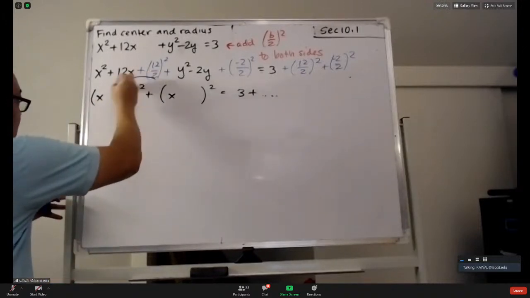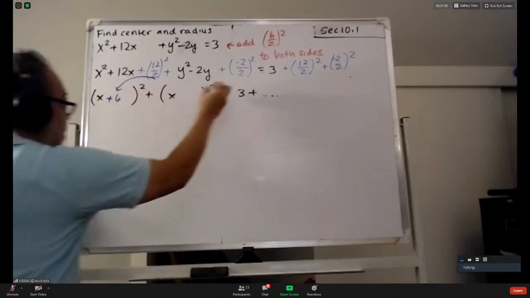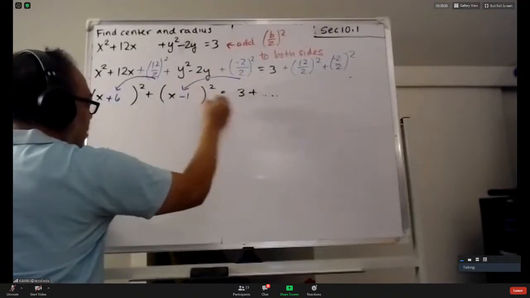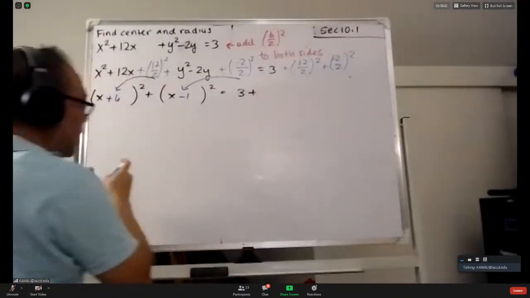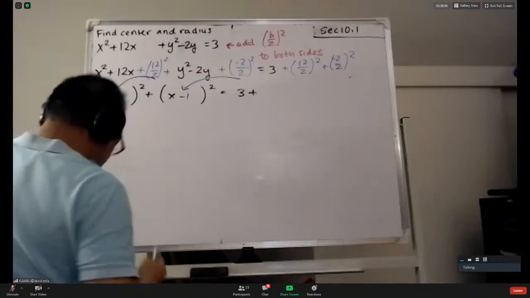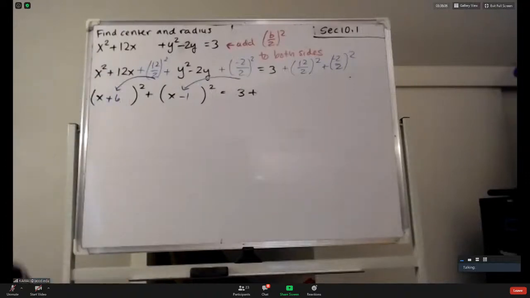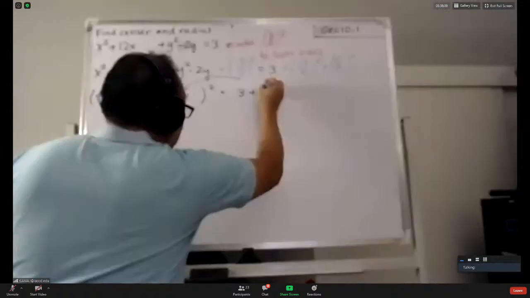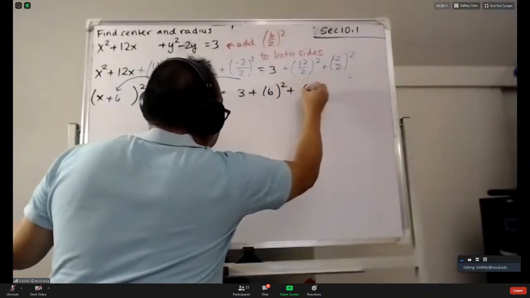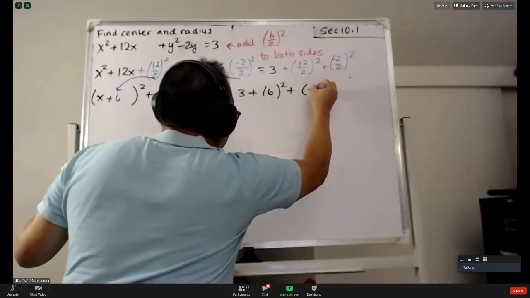So this will come in here. This will come in here. And over here we'll get 6 squared plus -1 squared.